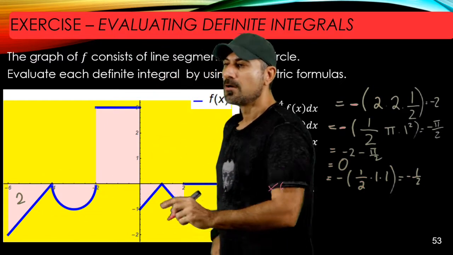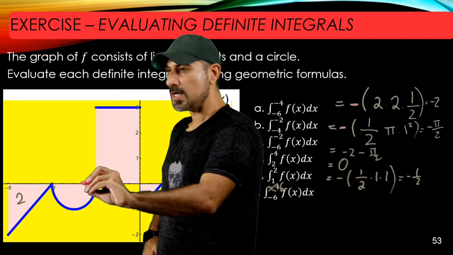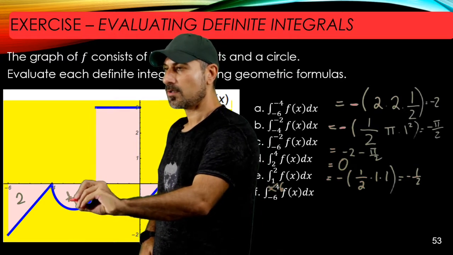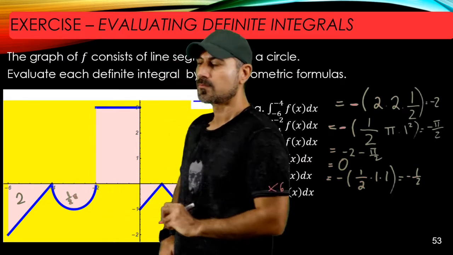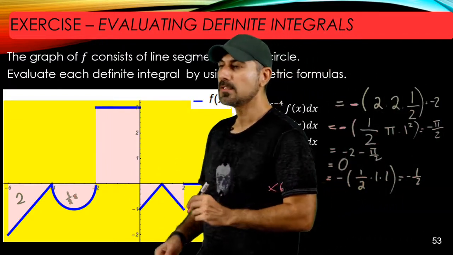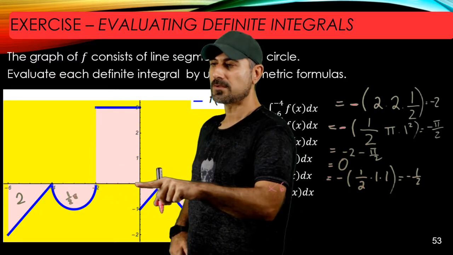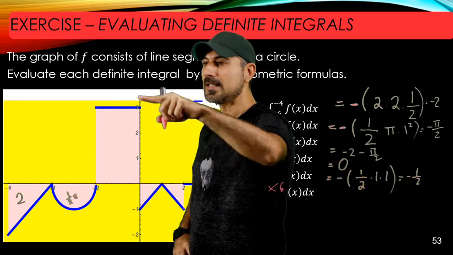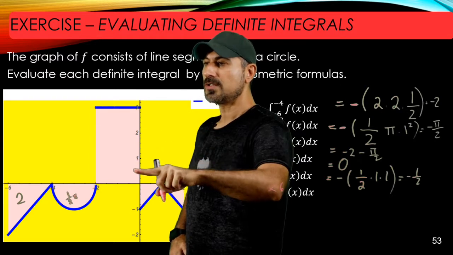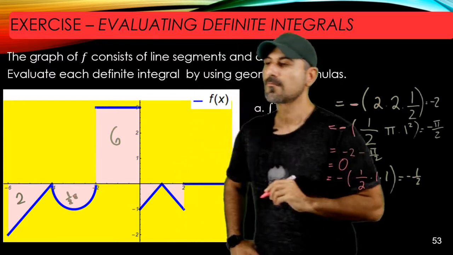Okay. For this one, I think we got it as 1/2 pi. It's 1/2 pi r squared because it's the half circle and r is 1. And for this one, let's see, the base is 2, from -2 to 0, that's 2. And the height is 3, so 3 times 2 is the area of the rectangle, so this is 6, okay.